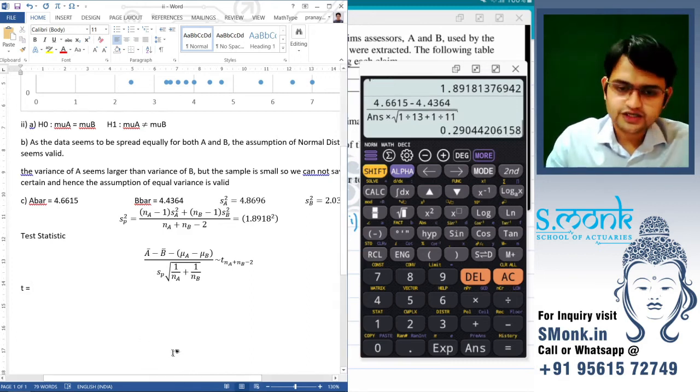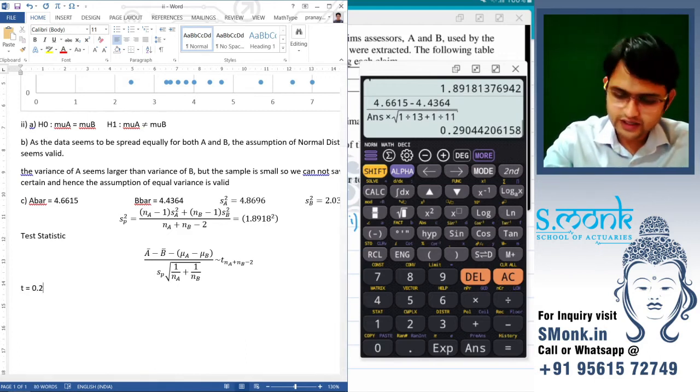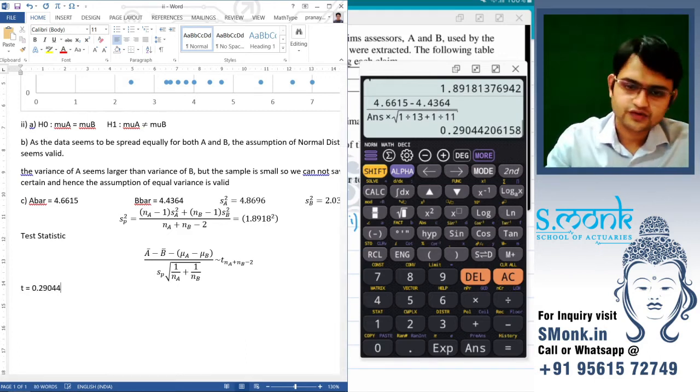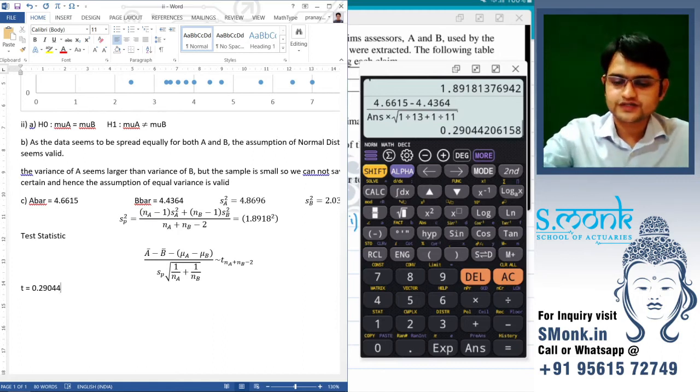So test statistic value, T value is 0.29044. Now although 0.29 will work as well.